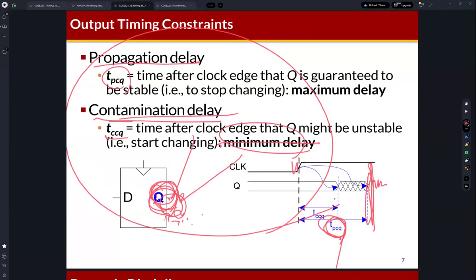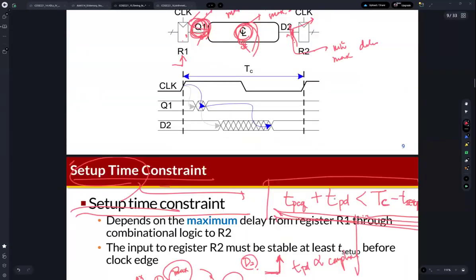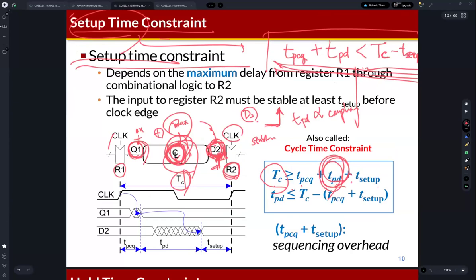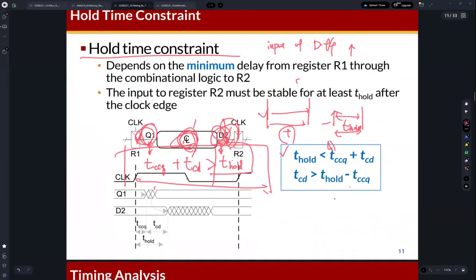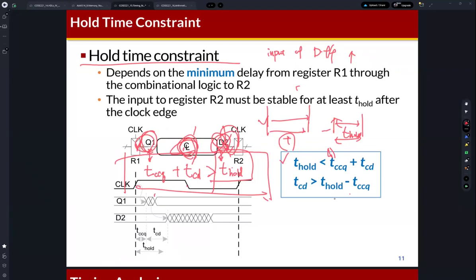Also, the D flip-flop has delay, like the propagation delay and contamination delay for the output port. When we analyze the setup time constraint and hold time constraint in the digital system, this delay also needs to be considered. We learned how to analyze the setup time constraint and how to analyze the hold time constraint.